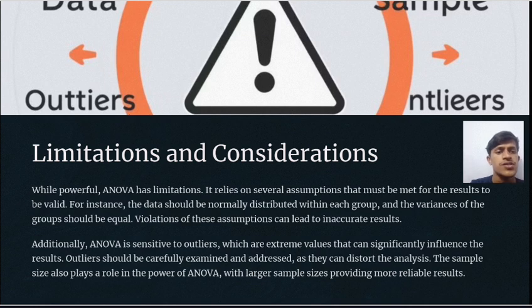Violation of these assumptions can lead to inaccurate results. Additionally, ANOVA is sensitive to outliers, which are extreme values that can significantly influence the results. Outliers should be carefully examined and addressed as they can distort the analysis. The sample size also plays a role in the power of ANOVA, with larger sample sizes providing more reliable results.